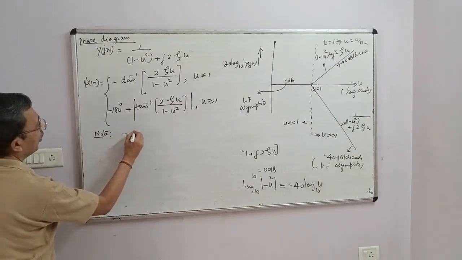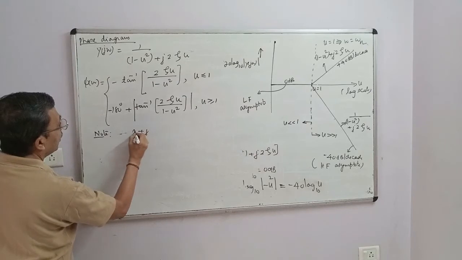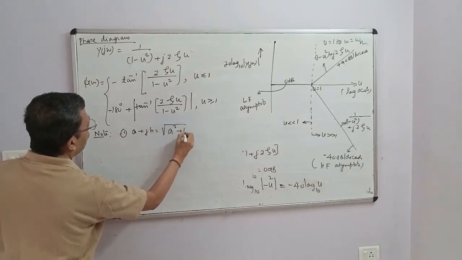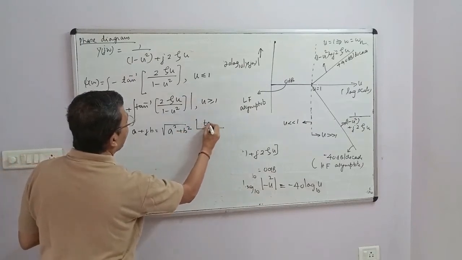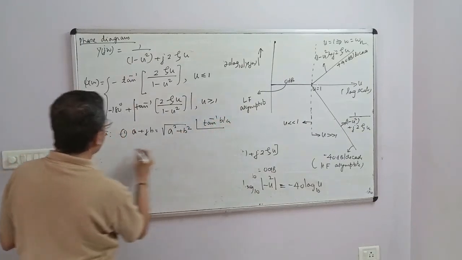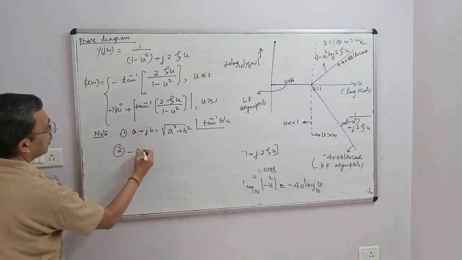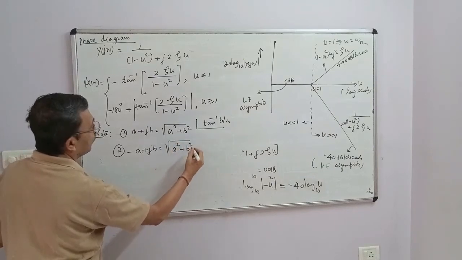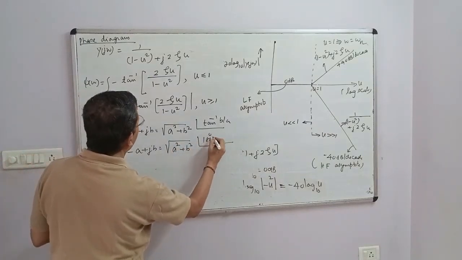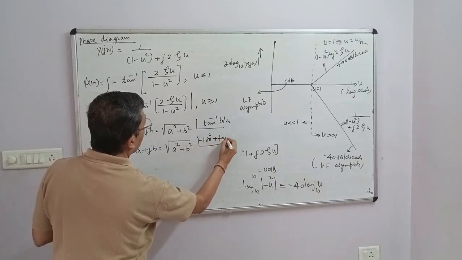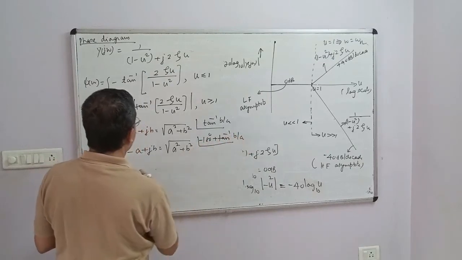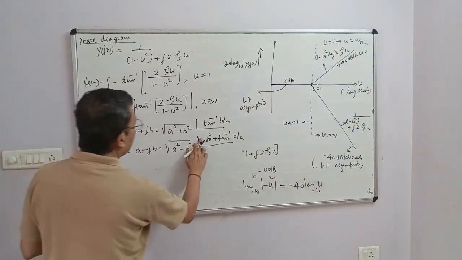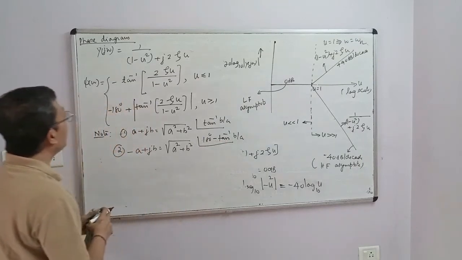Note, if you have a complex number a plus jb, the magnitude is root of a square plus b square, and the angle is tan inverse of b by a. If you have a complex number minus a plus jb, then the magnitude is root of a square plus b square, and the angle is 180 degrees minus tan inverse of b by a.